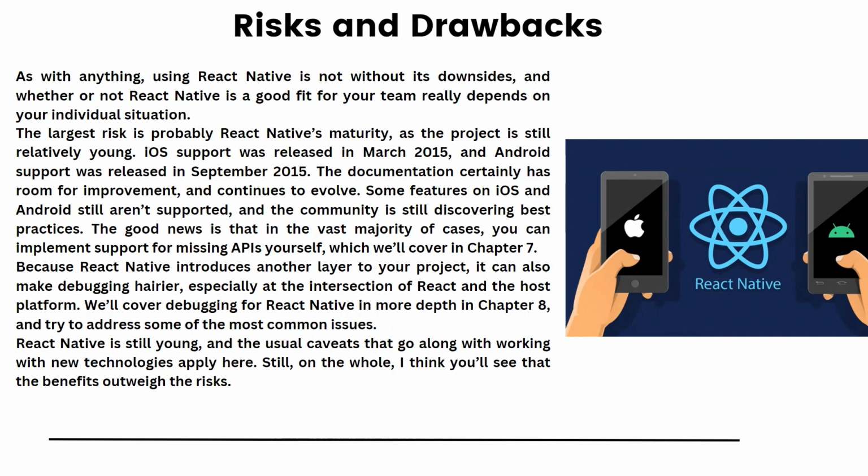The documentation certainly has room for improvement and continues to evolve. Some features on iOS and Android still aren't supported, and the community is still discovering best practices. The good news is that in the vast majority of cases, you can implement support for missing APIs yourself, which we will cover in chapter 7.